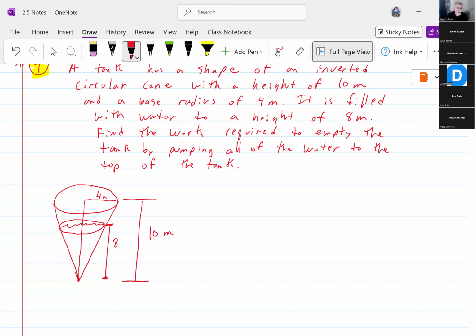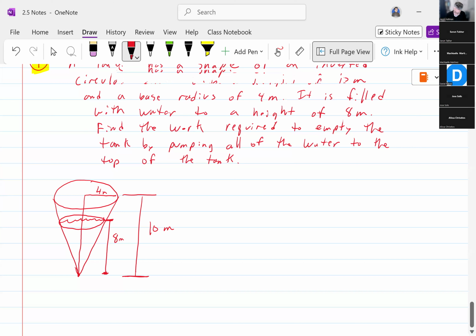At the 8-meter line, how far does the water have to travel to get over the edge? If I pump the water up and over, assuming that we're not traveling any distance laterally, we're just going up and out, as soon as it reaches the top of the cone, it's out.